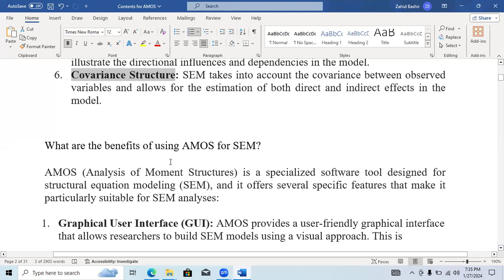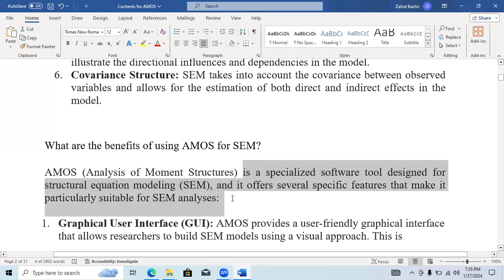So what are the benefits of using Amos for SEM? The full form of Amos is Analysis of Moment Structures. It is a specialized software tool designed for structural equation modeling, and it offers several specific features that make it particularly suitable for SEM analysis.